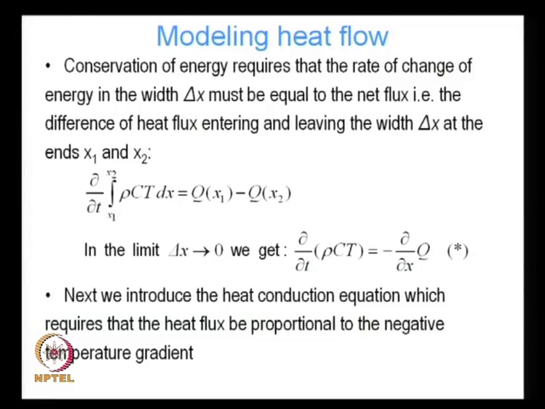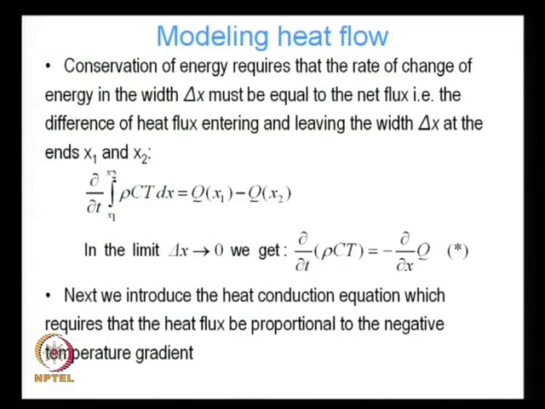The amount of heat in that little volume changes depending on the amount of heat flowing in through the boundaries and the amount of heat leaving through the boundaries. So, it must be equal to the difference of heat flux entering and leaving at the ends x1 and x2.